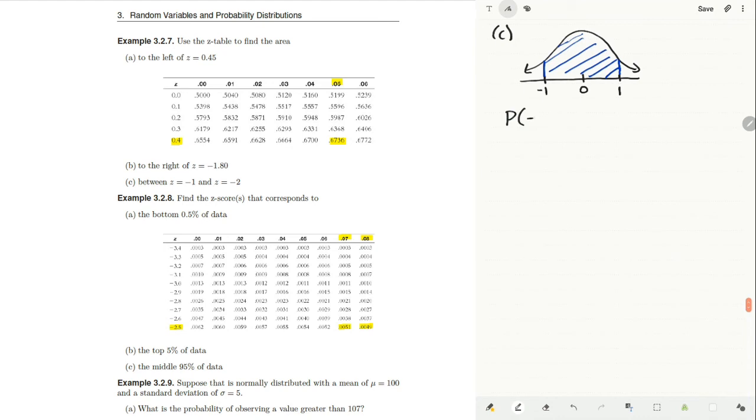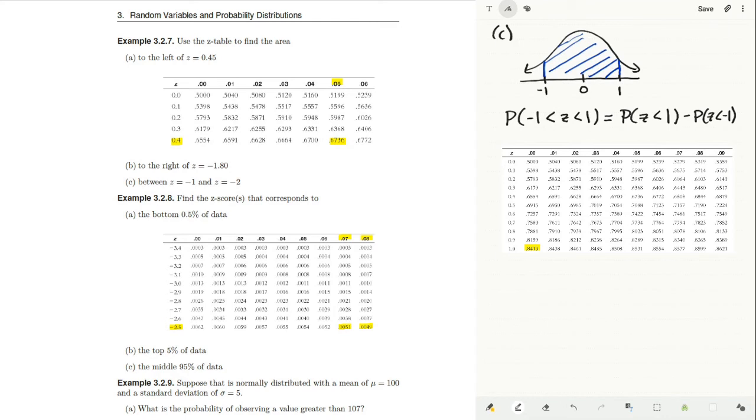And so the area between negative 1 and positive 1 can be calculated by taking the area to the left of 1 and subtracting the area to the left of negative 1.